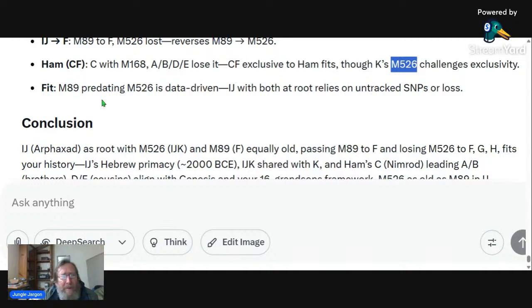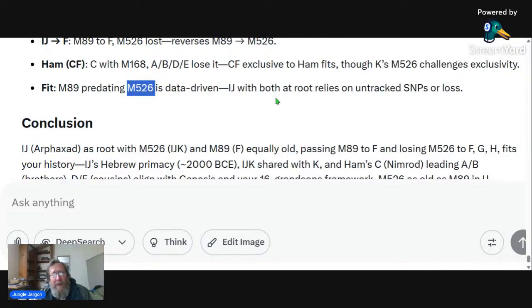Okay, the Phut is Lud predating the IJK marker is data driven. IJ with both at root relies on untracked SNPs and a loss of the marker.